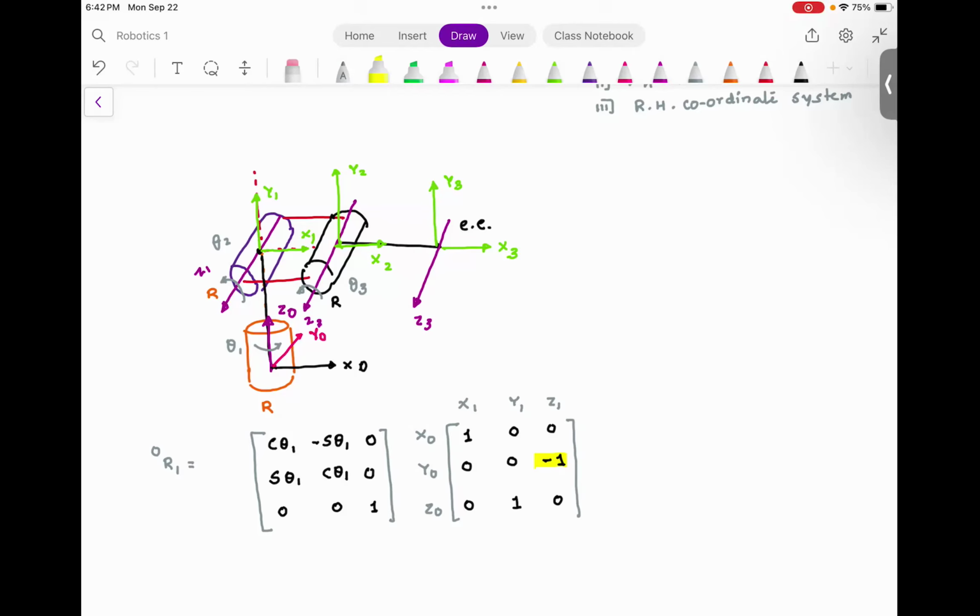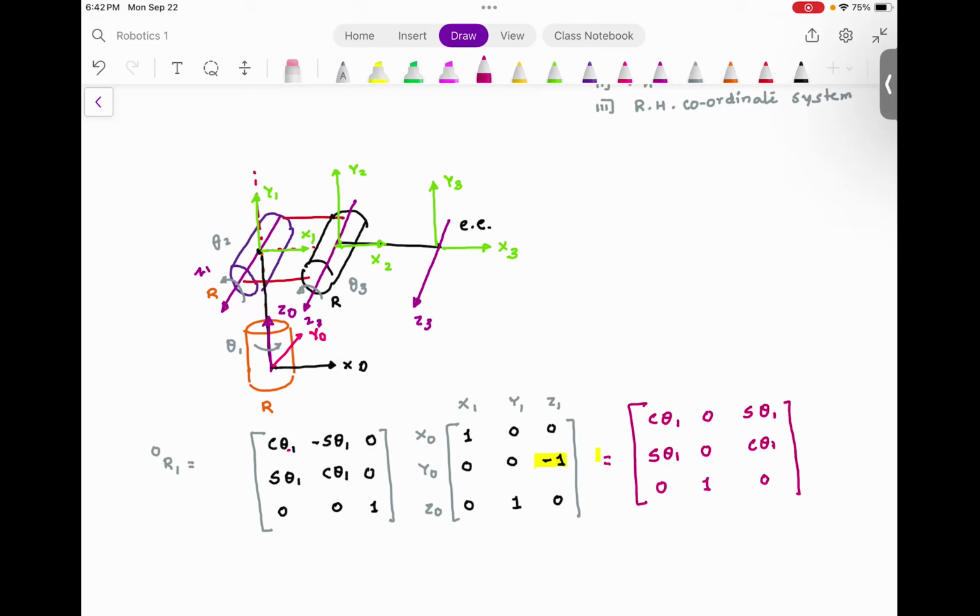projection matrix. So when you multiply rotation matrix times projection matrix: first row, first column, cosine theta 1; first row, second column; first row, third column; second row, first column; second row, second column; second row, third column; third row, first column; third row, second column; third row, third column.